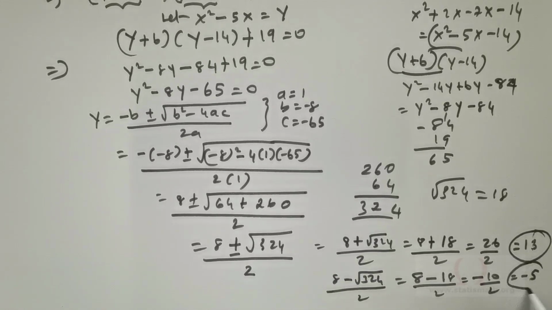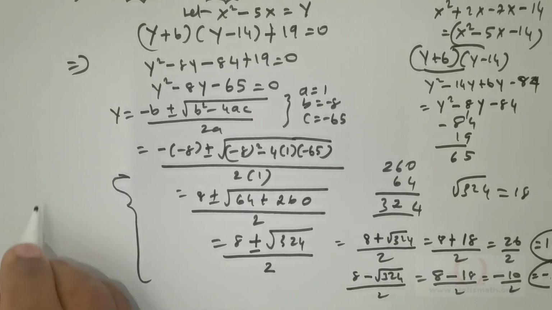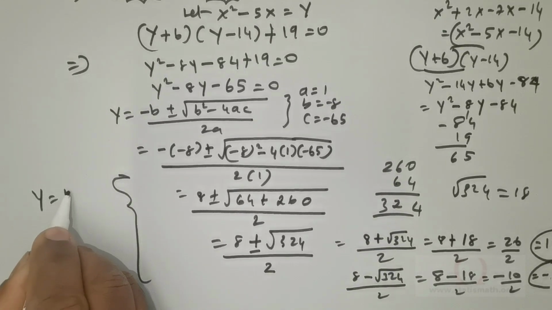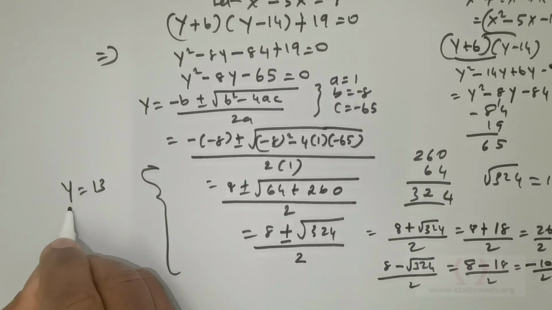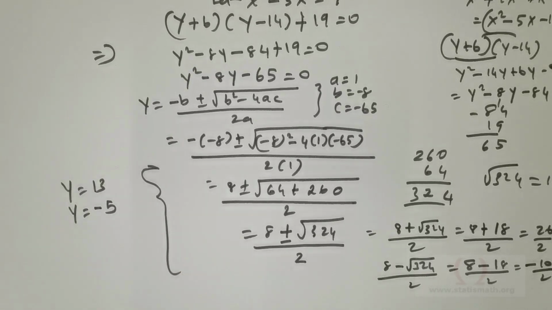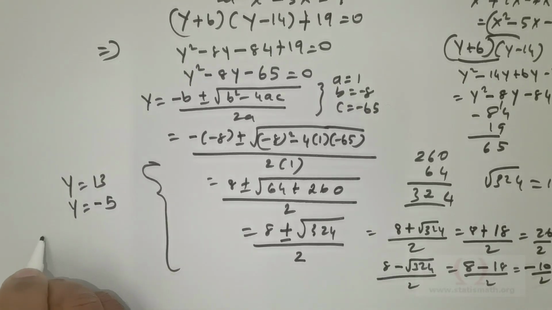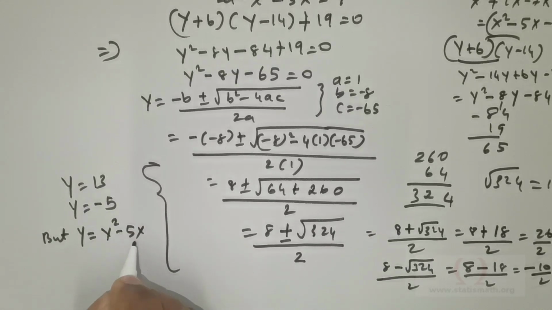So there are two values I've got: y is equal to 13, and y is equal to -5. But my y is x squared - 5x.